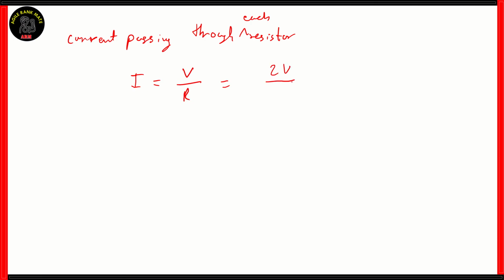So current passing through each resistor, by the way, we'll just put that as I, and that is equal to V over R. Now V is 2 volts, still remains the same. R is 20 ohms. So 1 over 10 amperes is the amount of current that passes through each resistor.